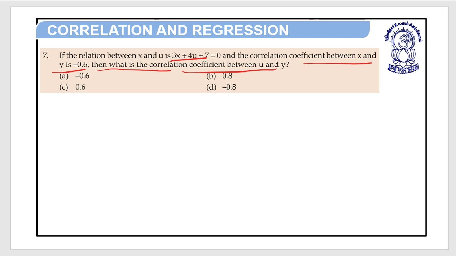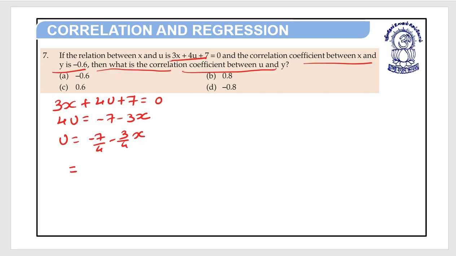Okay, so first write down 3x plus 4u plus 7 is equal to 0. So 4u is equal to minus 7 minus 3x. u is equal to minus 7 by 4 minus 3 by 4 x. rux is negative, because of the negative sign.